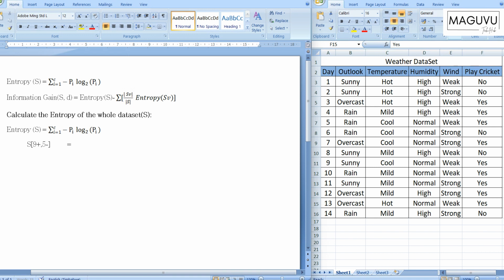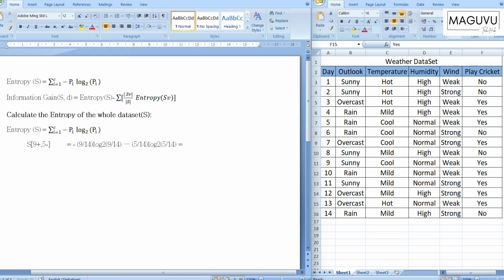So we then do the substitution, where we are going to get 9 divided by 14, which is the total number of days, log 2 of 9 divided by 14, and then we do the same for the negative or the no, which is now 5 divided by 14, log 2 of 5 divided by 14.